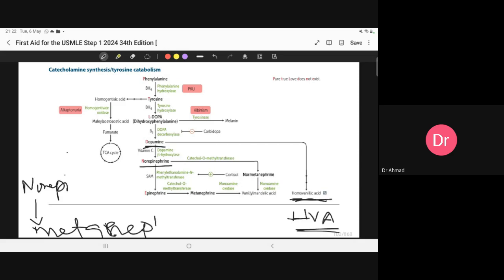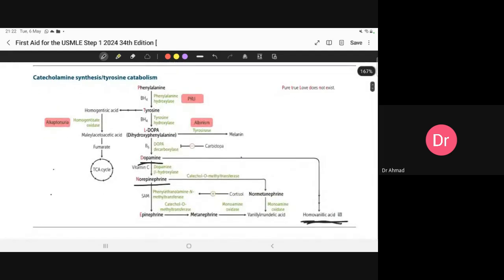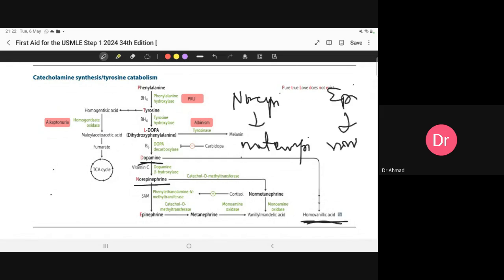Norepinephrine can be converted into normetanephrine, and epinephrine can be converted into metanephrine.